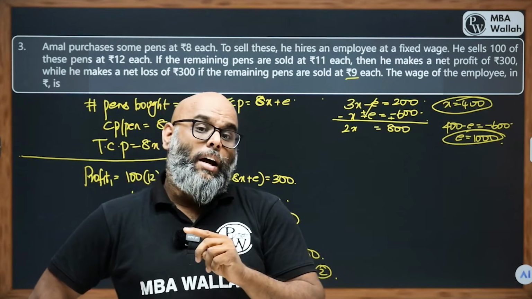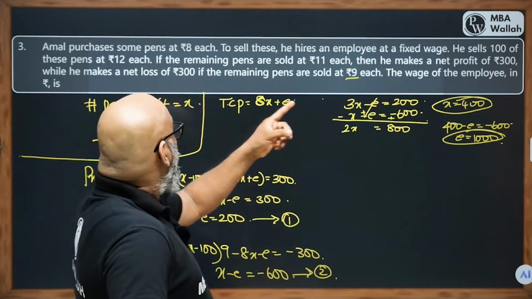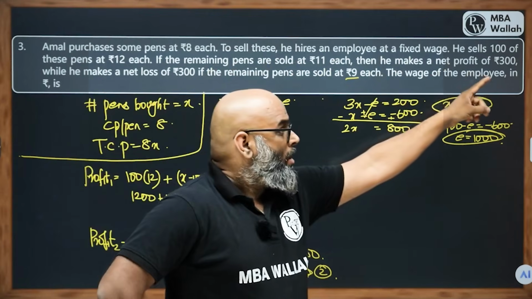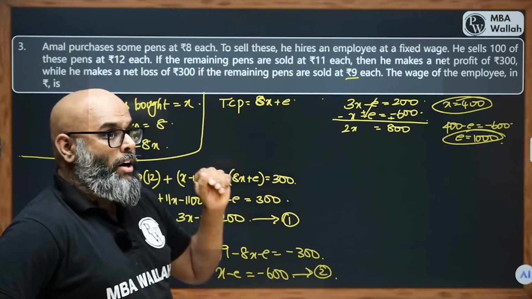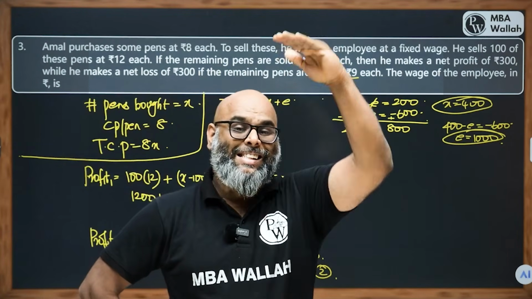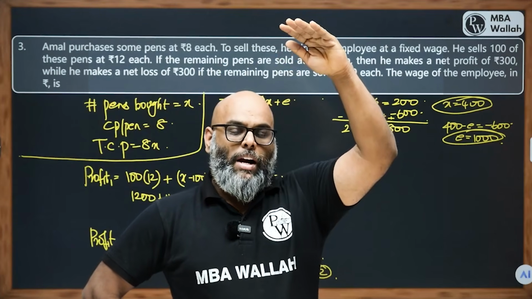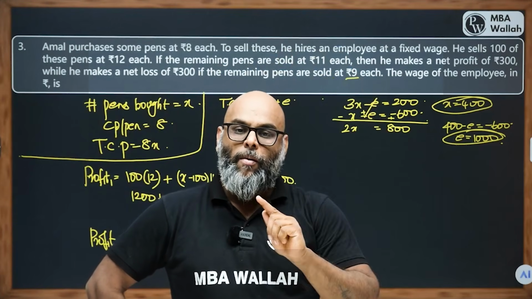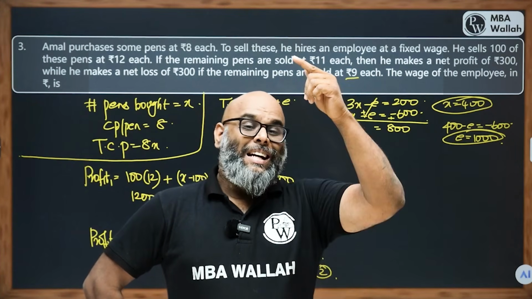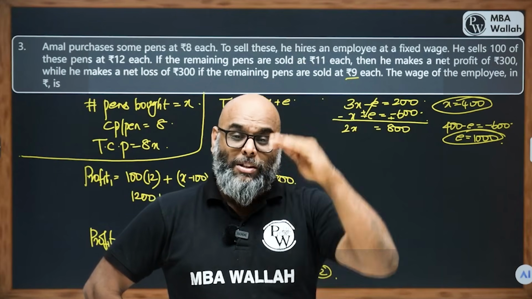And what is the result there? From a profit of 300, it has come to a loss of 300, which means the offset is 600 rupees loss.